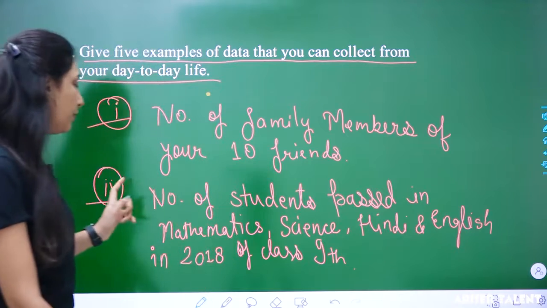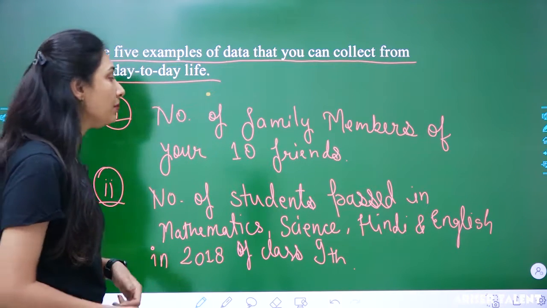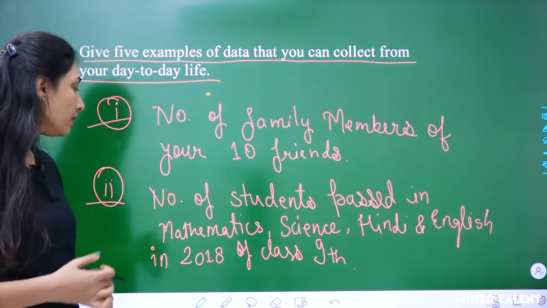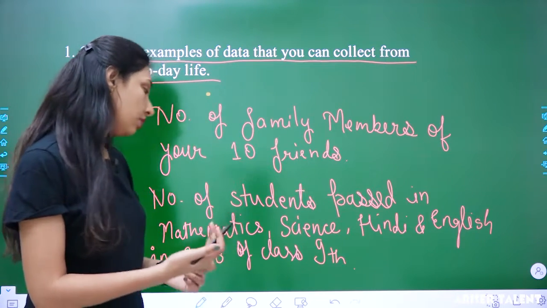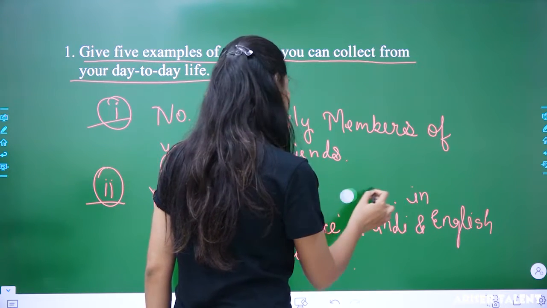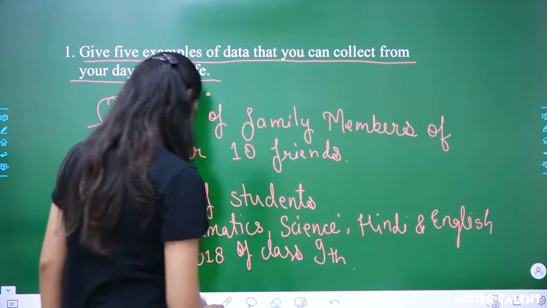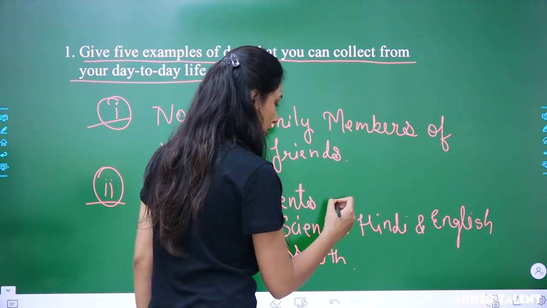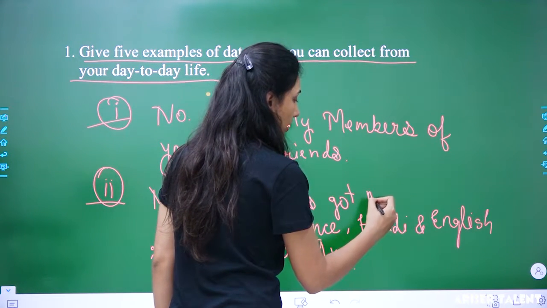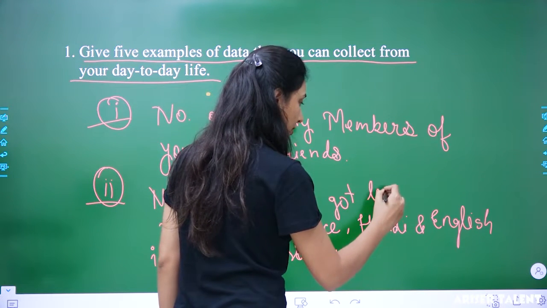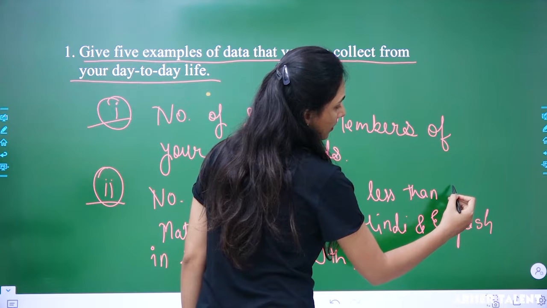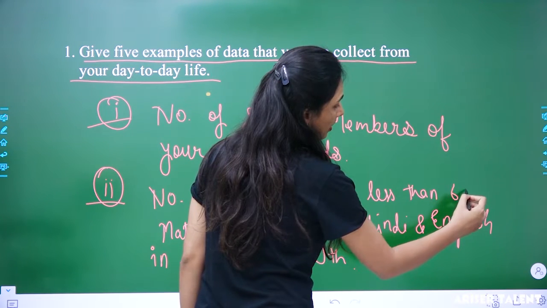Okay, in the very first thing you're going to have number of family members of your 10 friends. Second, you're going to get number of students passed in mathematics, science, or you can also have number of students who got less than 60%.